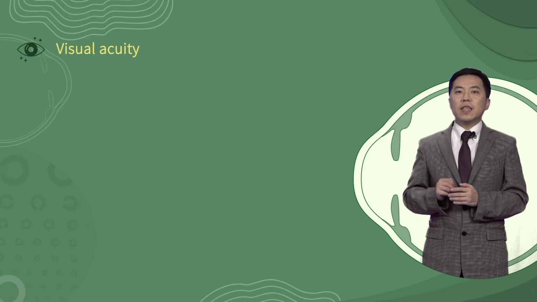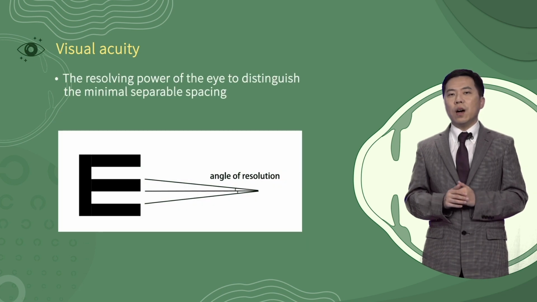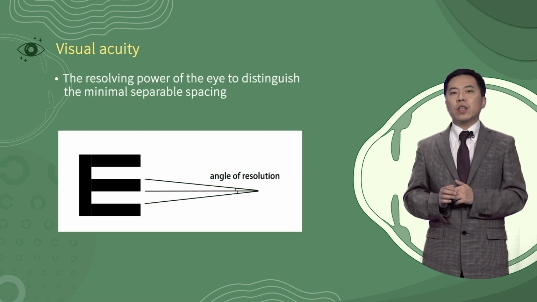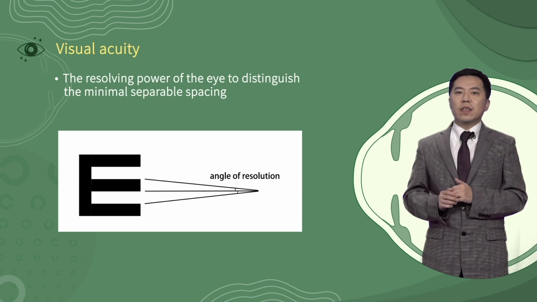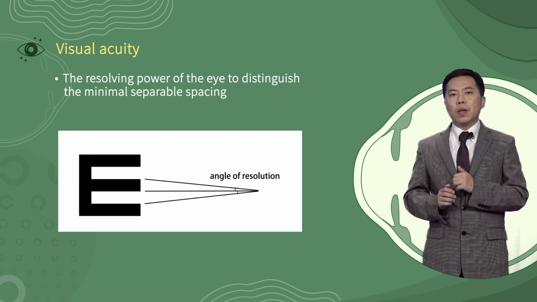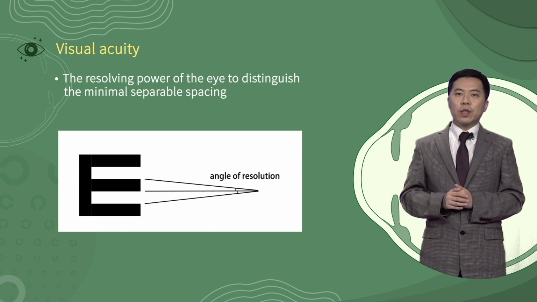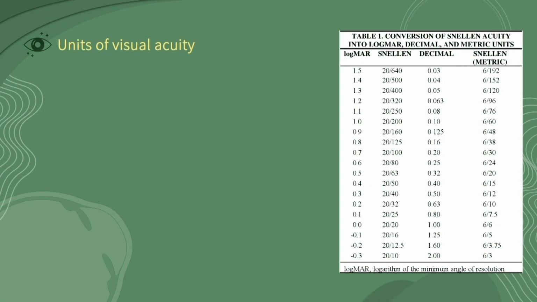Visual acuity is defined as the resolving power of the eye to distinguish the minimal separable spacing, usually shown as the reciprocal of the minimal angle of resolution. There are different units of visual acuity.